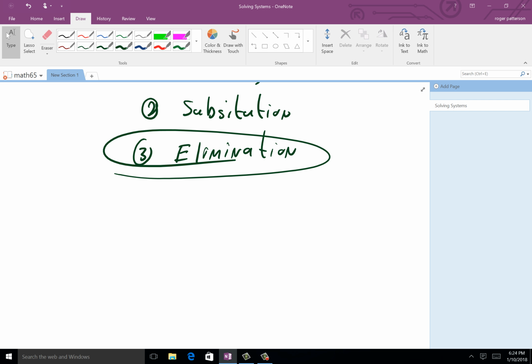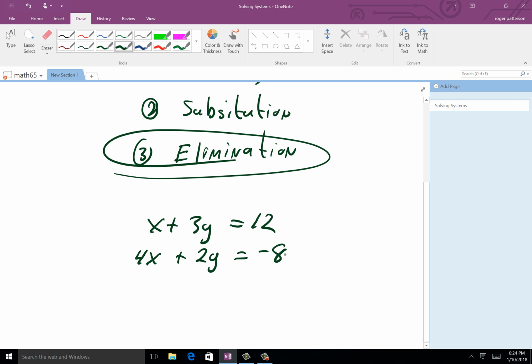So let's say that we have a system of equations like this. We could use substitution on that for sure, and we could solve for x and substitute.